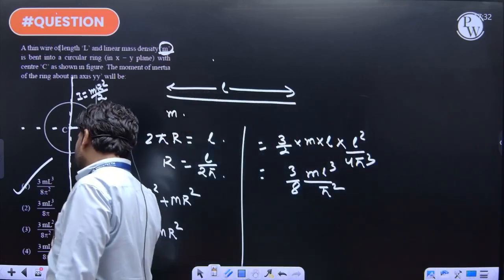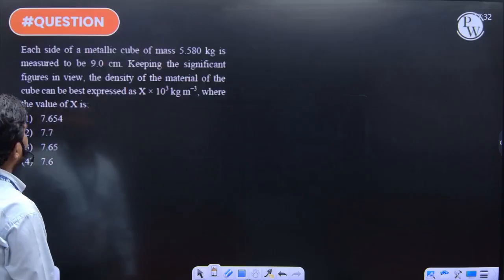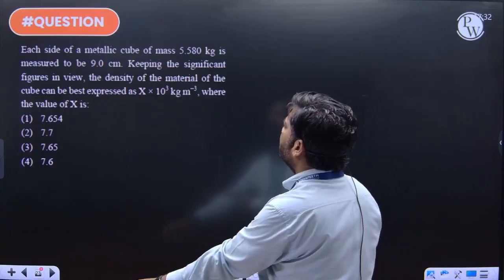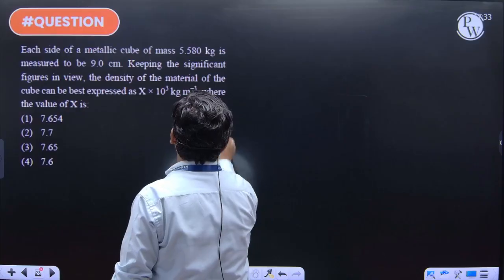Let's see next one. Each side of a metallic cube of mass 5.580 kg is measured to be 9 centimeter. There is a metallic cube.